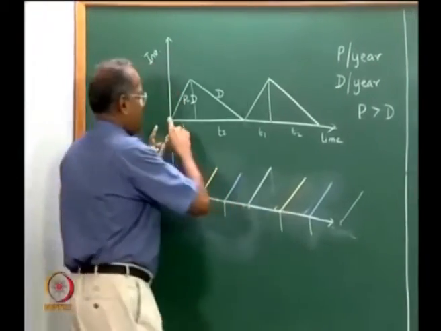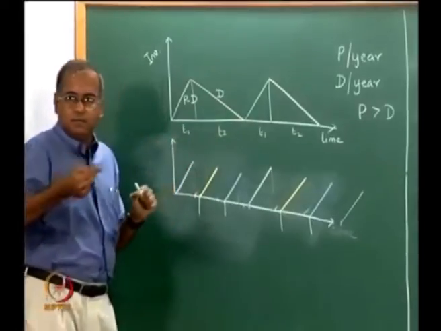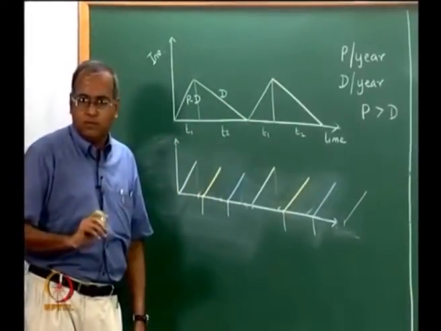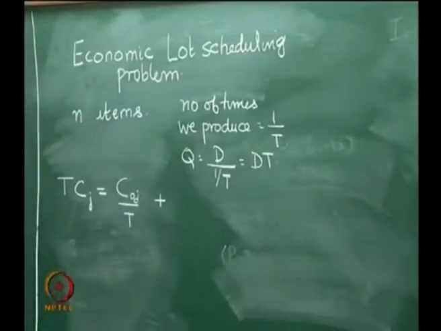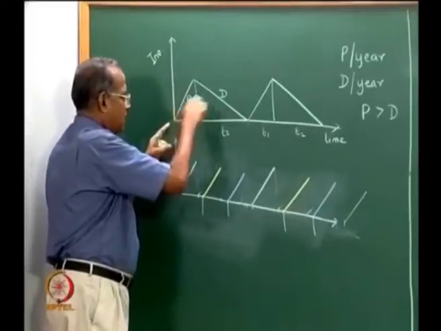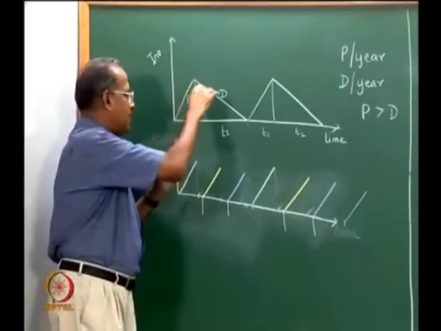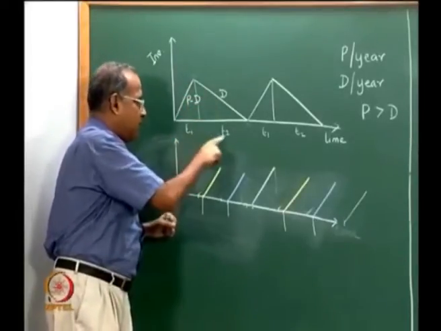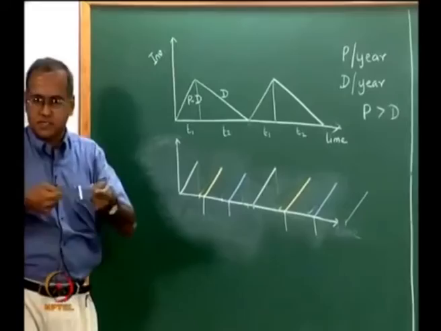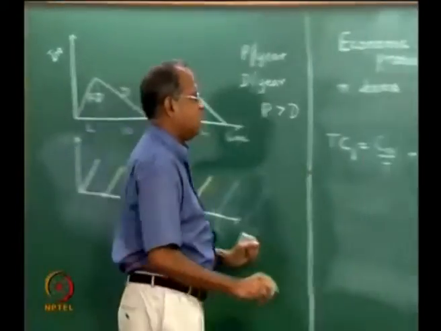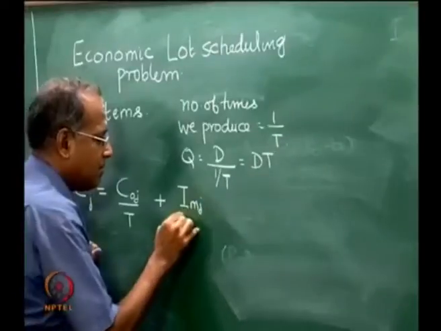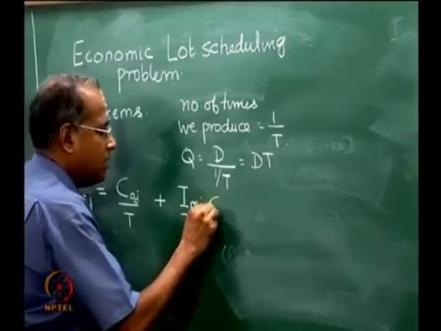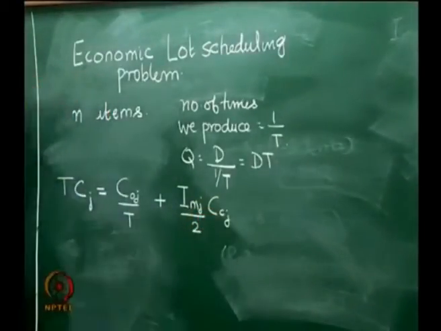Average inventory from here was Im by 2, total inventory is half into base into height. So, Im by 2 into T1 plus T2 divided by T, which is Im by 2 into CC. So, this is Im j by 2 into CC of j, carrying cost of the jth item.